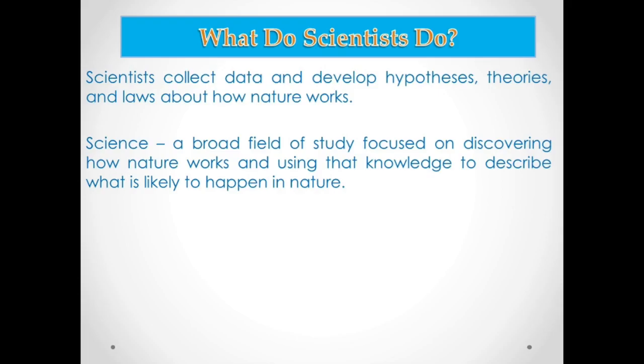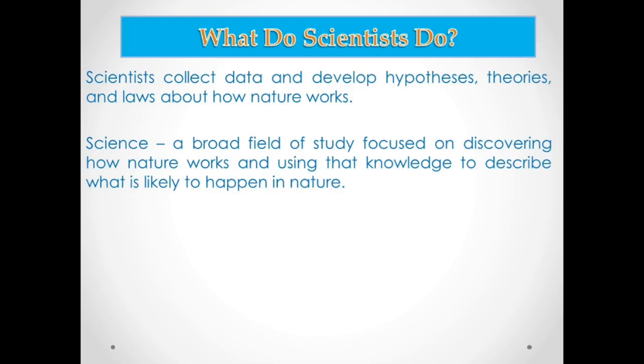Scientists make observations of how nature behaves. After that, they collect data on what they have observed, and then they develop hypotheses and create theories and laws to understand how nature works.